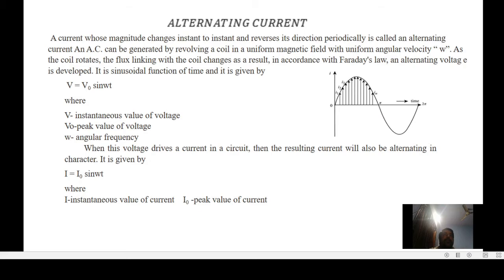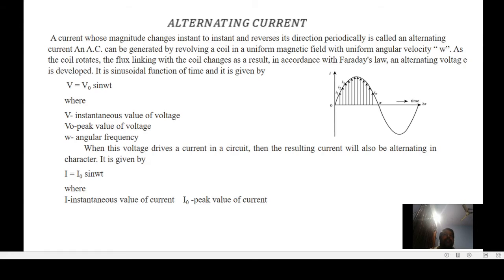That alternating voltage is represented by the equation V = V0 sin(omega t), and this equation is a sinusoidal function with respect to time. Here V is the instantaneous value of voltage, V0 is the peak value of voltage, and omega is the angular frequency.